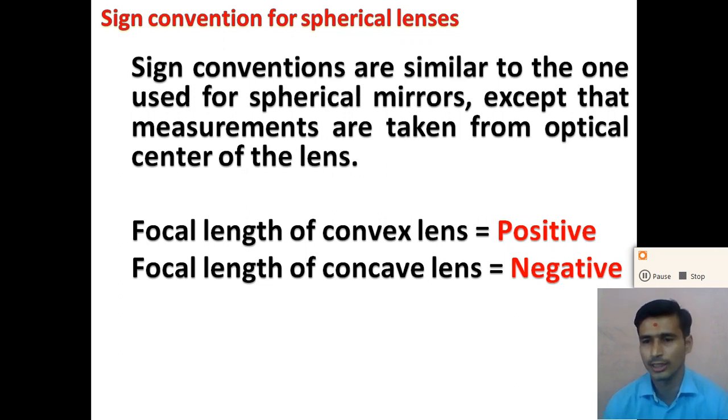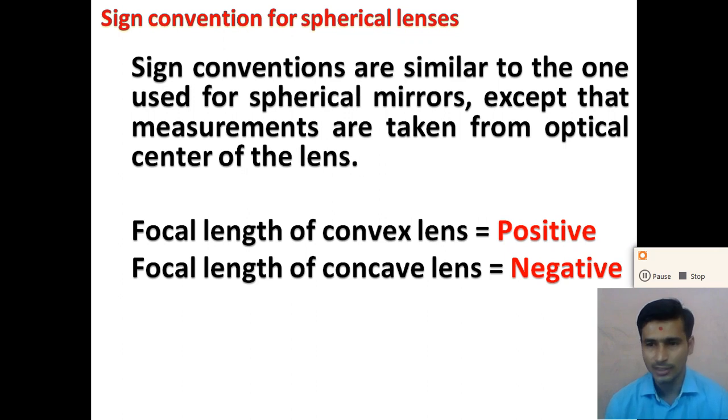So the distances on the left side of the lens are considered negative, and the distances on the right side of the lens are considered positive, right? The heights above the principal axis are considered positive, and the heights below the principal axis are considered negative, right?